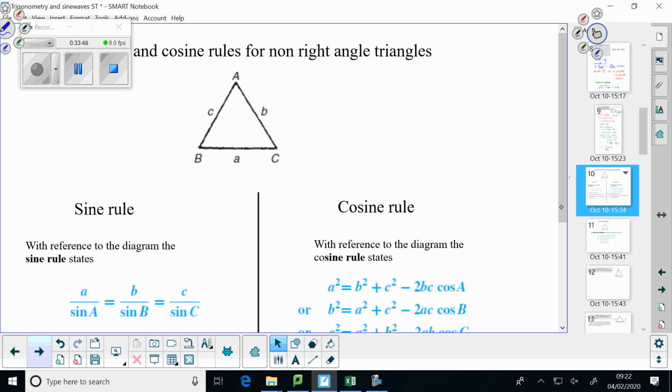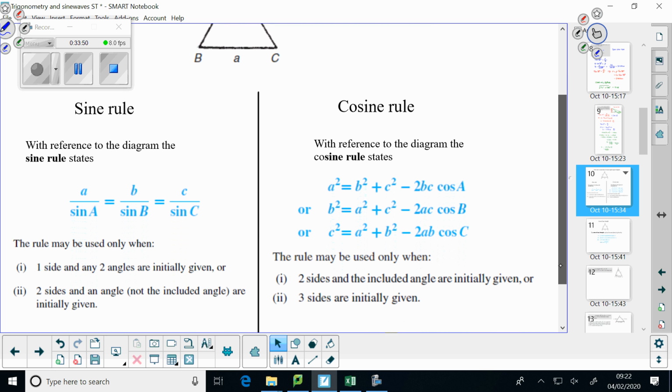Doing that, the sine rule is that a over sine A is equal to b over sine B is equal to c over sine C. We can use that rule only when we know one side and two angles initially given, or two sides and an angle but not the included angle.